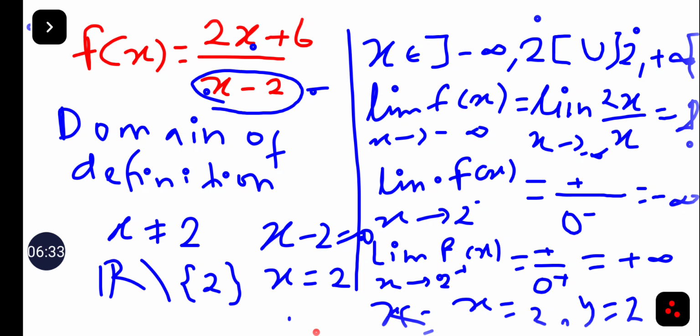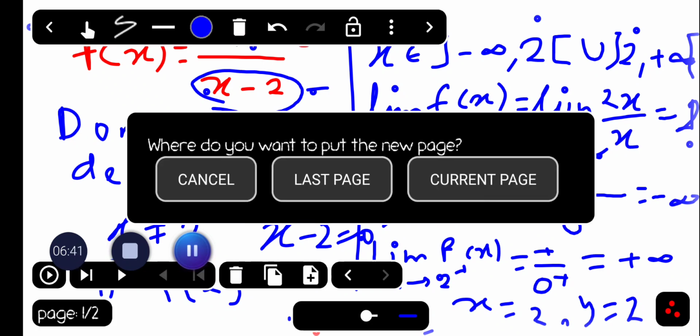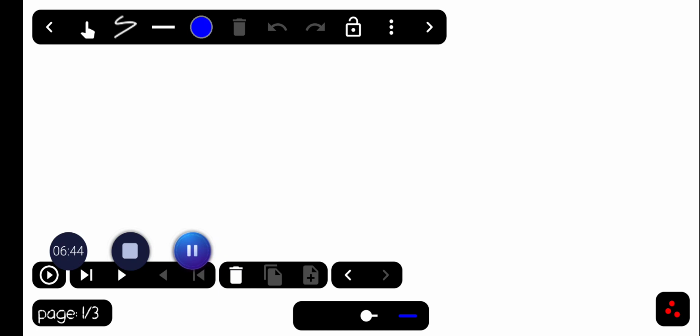The next aspect we'll look at, having looked at those limits and obtained the asymptotes, is the intercepts. But before I go to intercepts, an asymptote is simply a straight line that your curve will never touch, never cross. You will only approach it. That's what we call an asymptote.